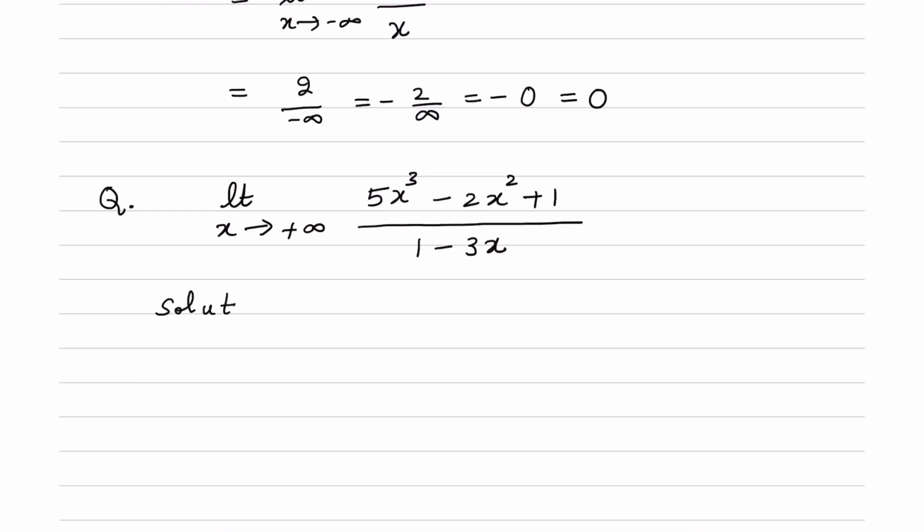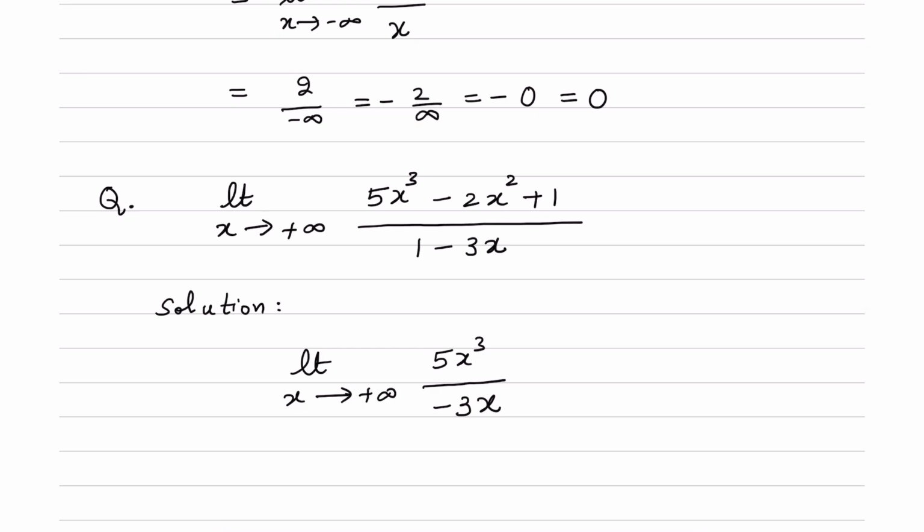Since again the limit is calculated at plus infinity, we will keep the highest degree term in the numerator and the highest degree term in the denominator. The highest degree term in the numerator is the cubic term, so we'll keep 5x cube divided by the highest degree term in the denominator, which is minus 3x. Remember that you have to keep the sign also. Here the sign was minus, so we have kept it.